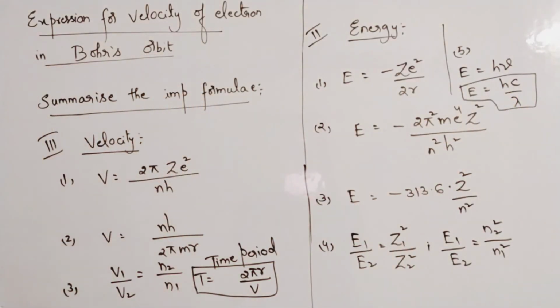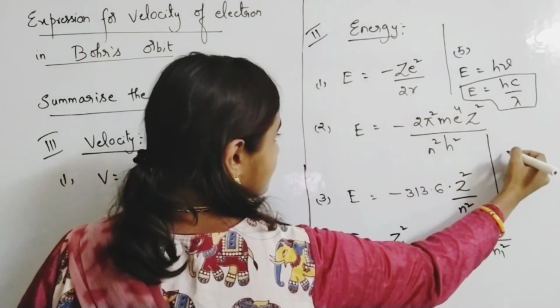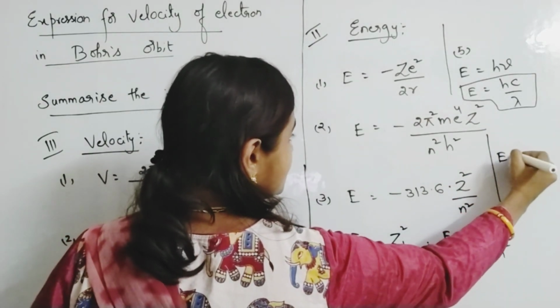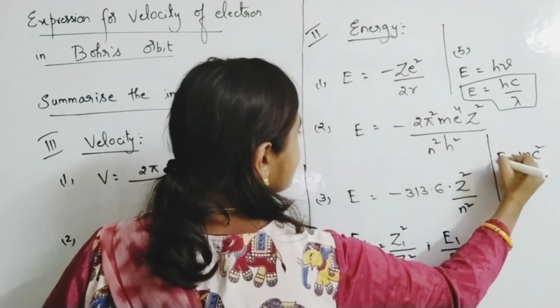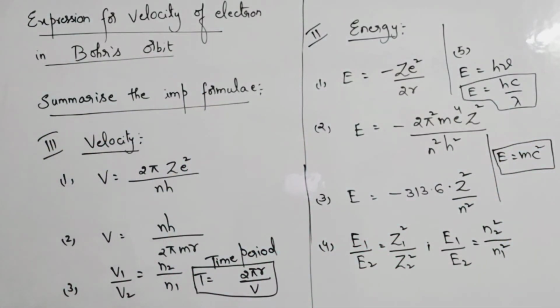These two formulas also can be used for energy. And you have one more formula, Albert Einstein's equation, E is equal to mc square.